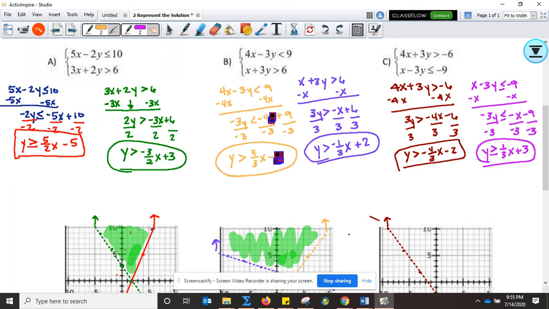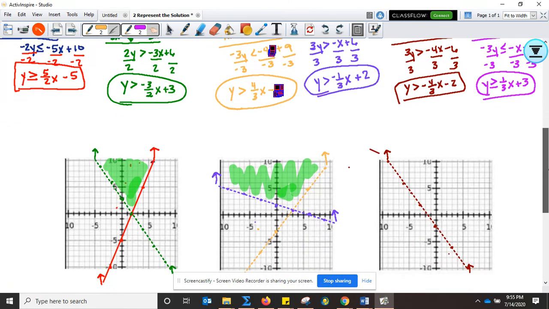So I'm going to draw this line in this pretty purple. Okay, so I'm going to start with 3. 1, 2, 3. And I'm going to graph my slope. It's up 1, right 3, up 1, right 3, up 1, right 3. If I can go up and right, I can also go down and left.